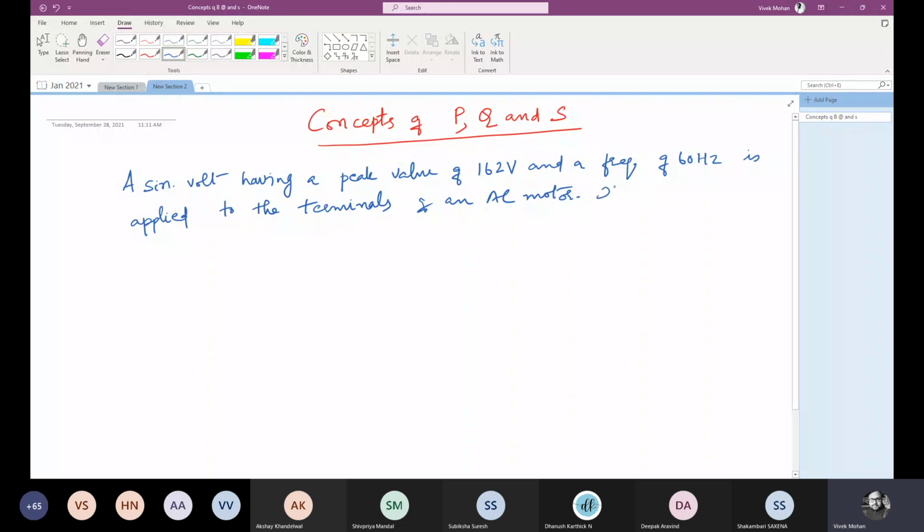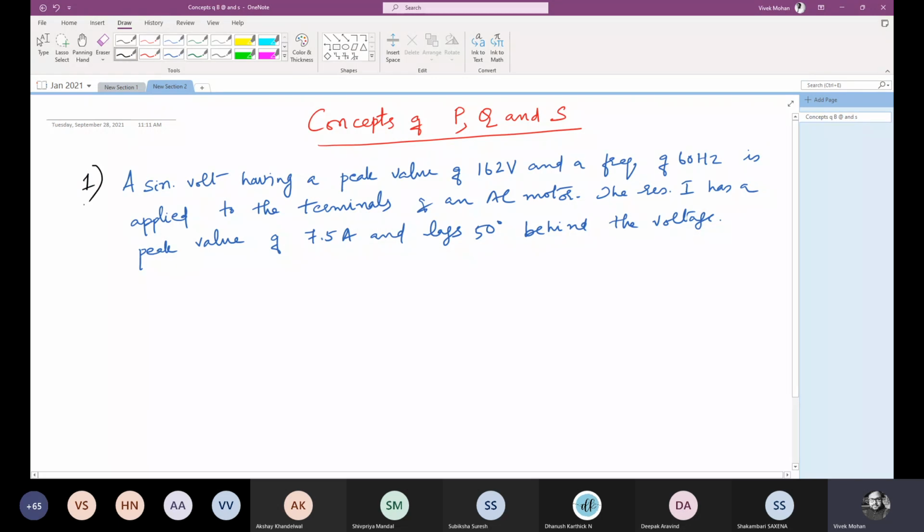The resulting current has a peak value of 7.5 amps and lags 50 degrees behind the voltage. Now we are going to answer some questions.